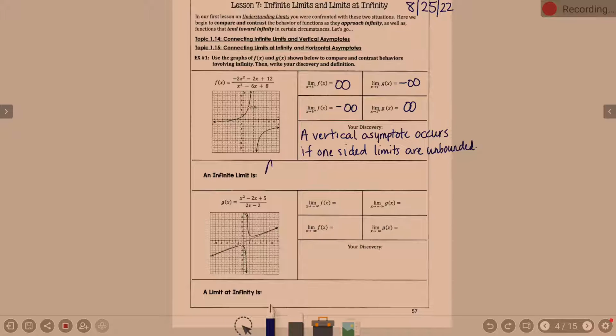So as x approaches c, the limit will approach positive infinity or negative infinity (vertical asymptote).